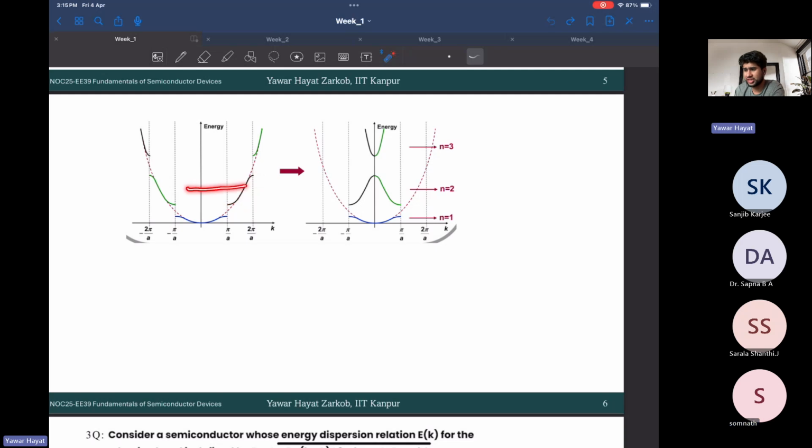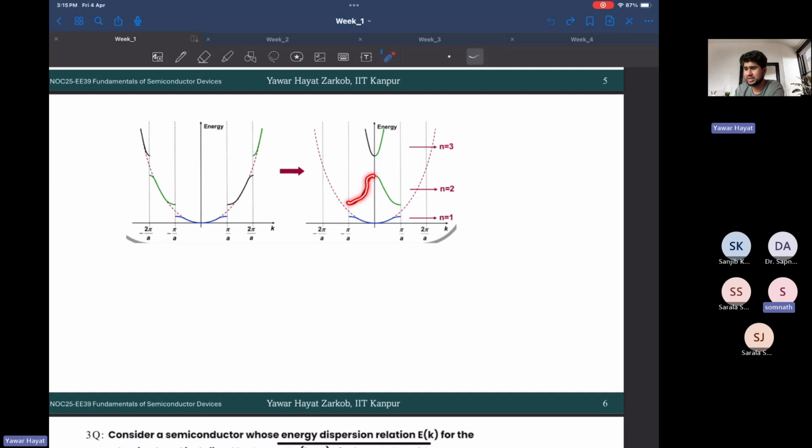So I can shift this by 2 pi by a, and if I do so, this will come here. Similarly, I can shift this here. This will come here. So these two are equivalent. Would you agree with that? Yes, sir. I guess you are probably referring to this. We usually use this kind of representation over this. Okay, is that clear?